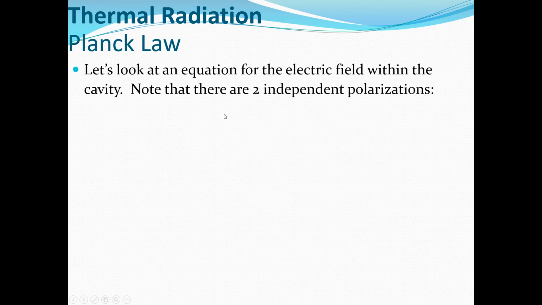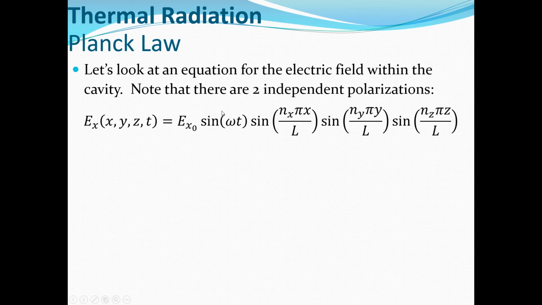All right, so we know that EM waves are produced by an electric field and a magnetic field. So we're saying that in this cavity, if we have an EM wave going in, we're going to look at the electric field aspect of it.